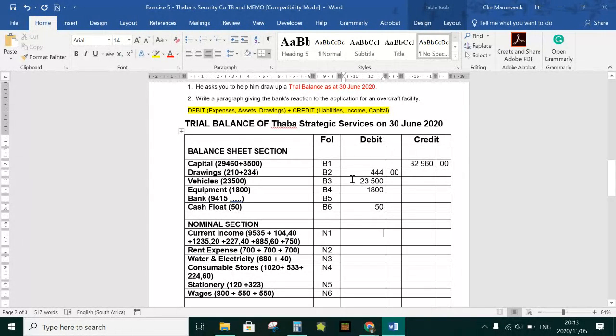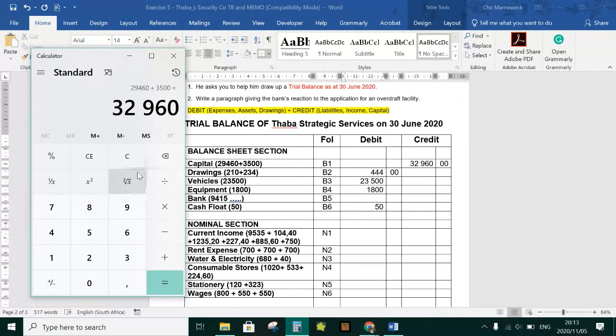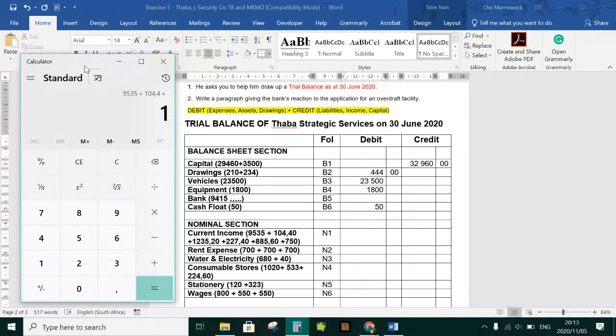Then we come to current income. So we're going to have to add all of these amounts together. So 9535 plus 104,40 plus, I'm not leaving anything out there, 1, 2, 3, 5, 20 plus 227, 40 plus 885, 60 plus 750.